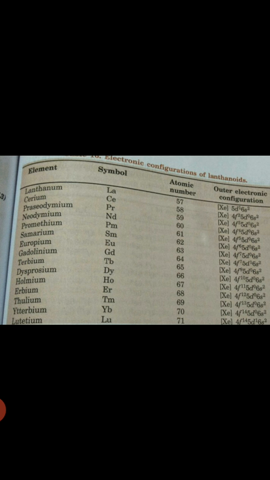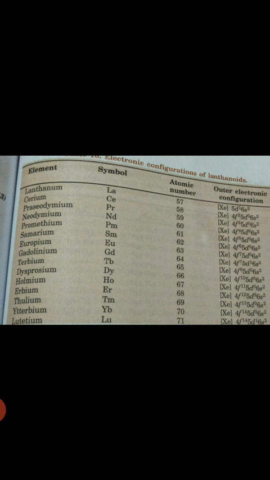The single 5d electron shifts to the 4f subshell, right? So in this way cerium gets the configuration 4f2. The first element is lanthanum, then cerium, praseodymium, neodymium, promethium, samarium, europium, gadolinium, terbium, dysprosium, holmium, erbium, thulium, ytterbium and lutetium. These are the lanthanoids.